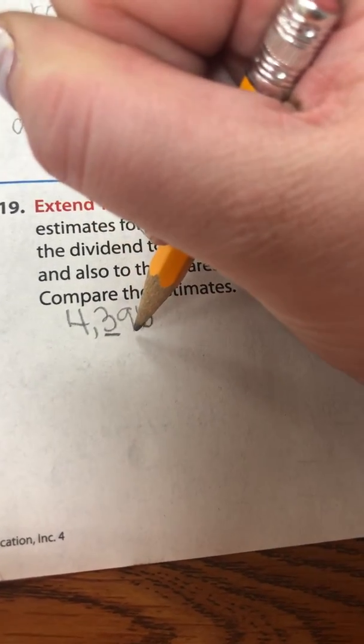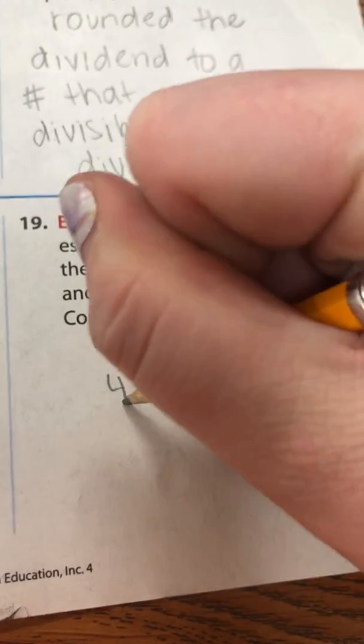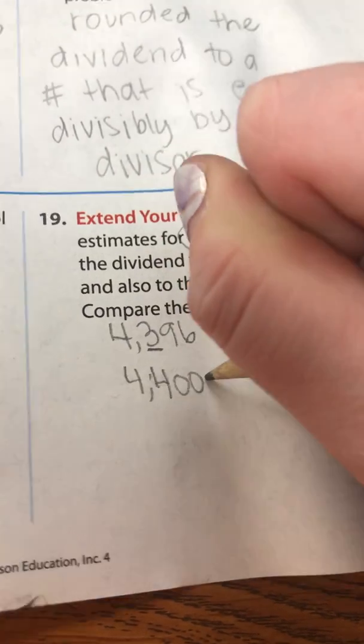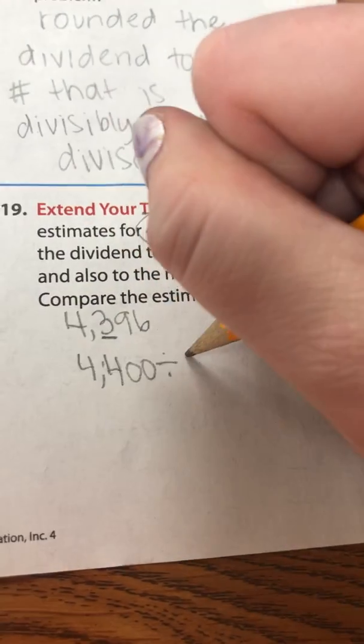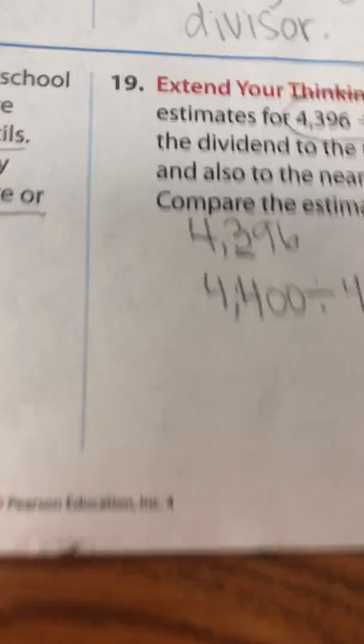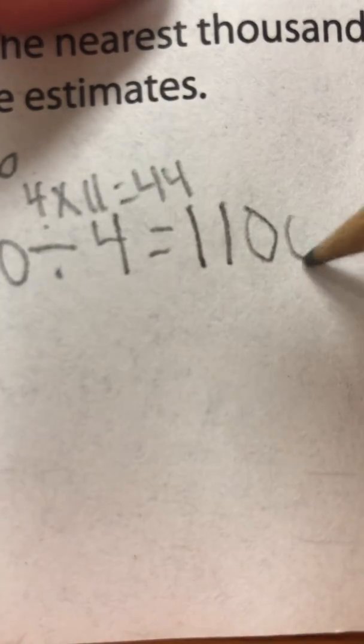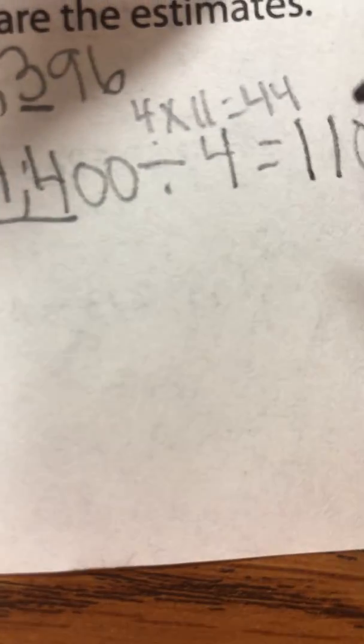If I'm rounding to the nearest hundred, this 9 tells me to go up to 4,400 divided by 4. Okay, 44 divided by 4 is 11, because 4 times 11 equals 44. So 44 divided by 4 is 11, 0 and 0. Okay, 4,400 divided by 4 is about 1,100.